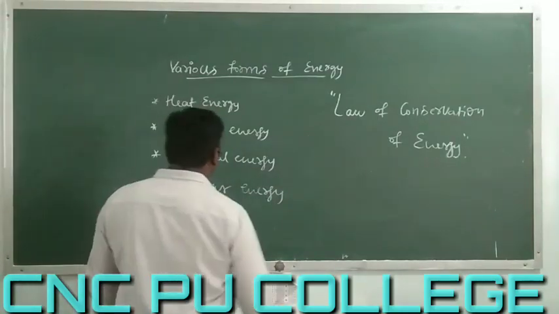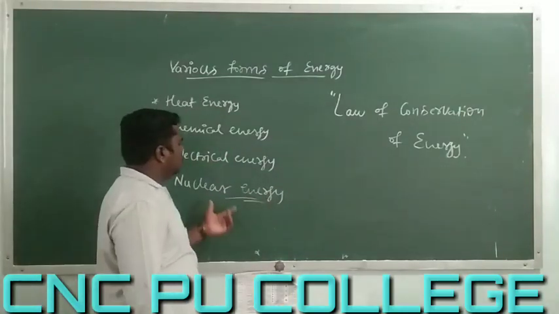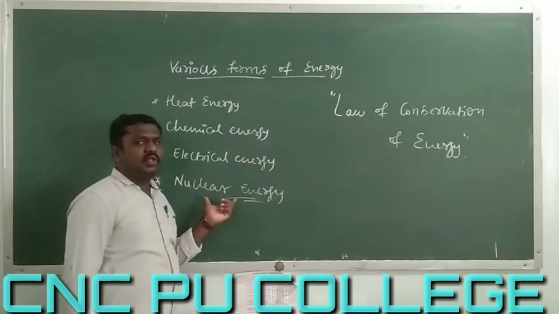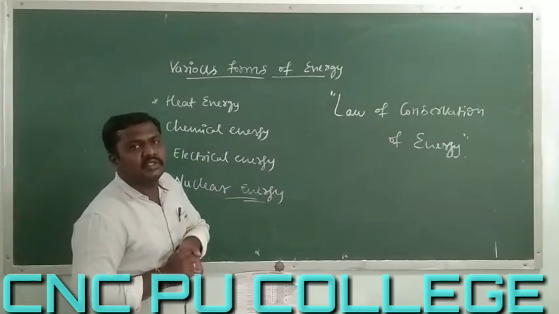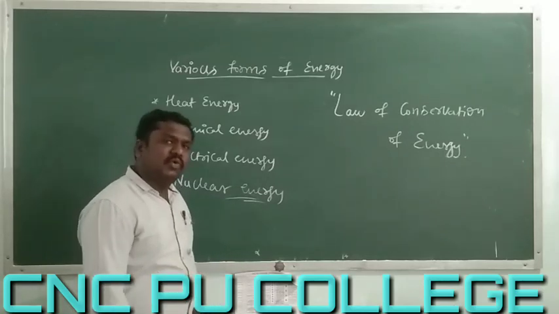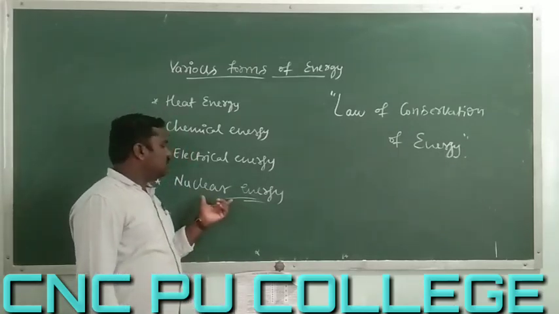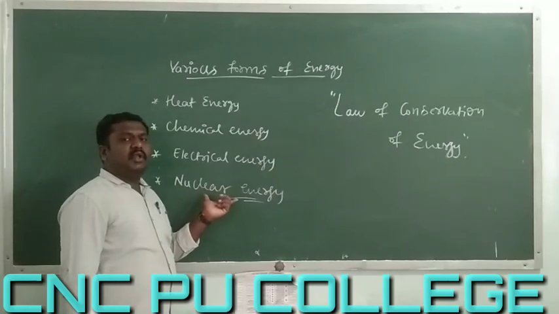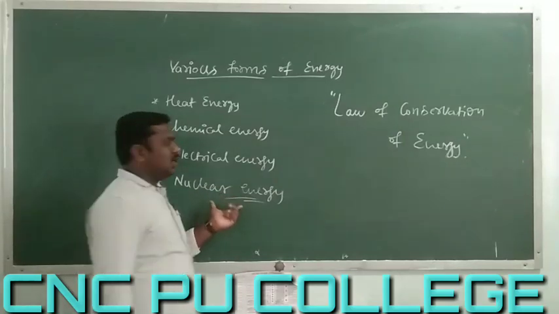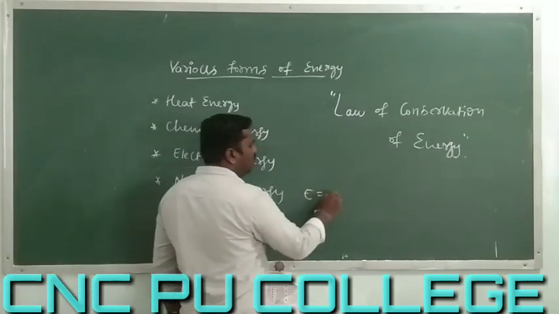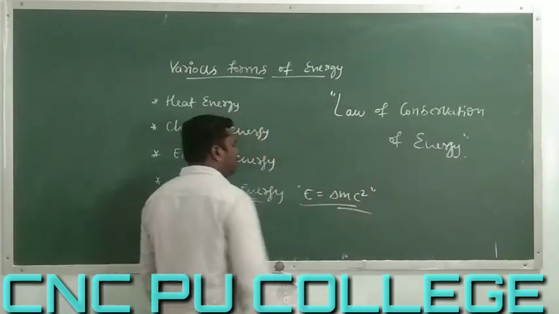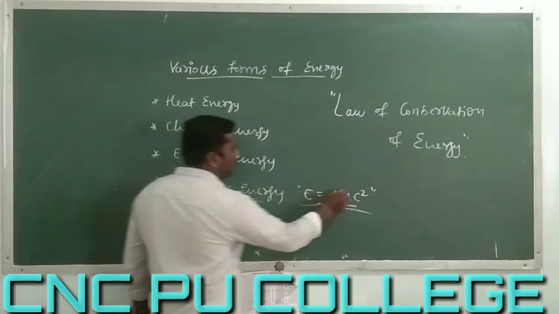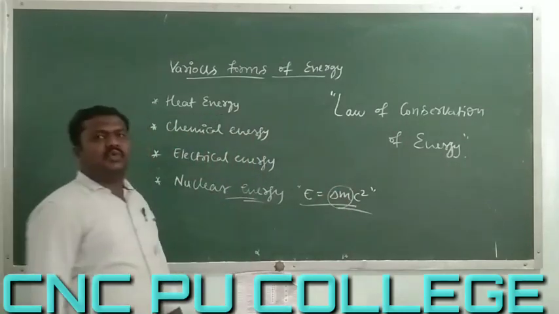Then we have nuclear energy. It is the energy stored in the form of potential energy because of the holding of nucleons together with the nuclear force. So it is also related to Einstein's mass energy relation, that is E is equal to delta m into c square. That means here the nuclear energy is obtained from the destruction of the nuclear mass.